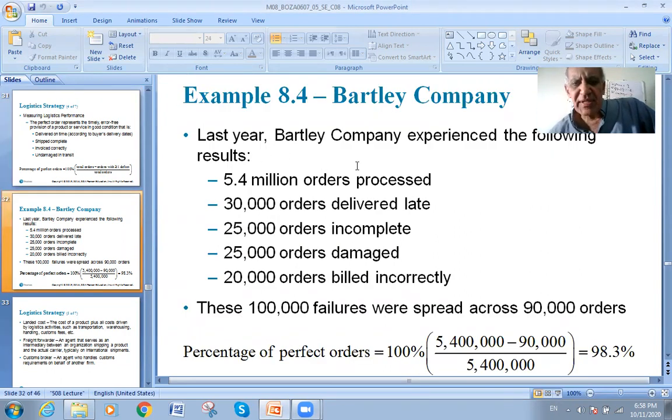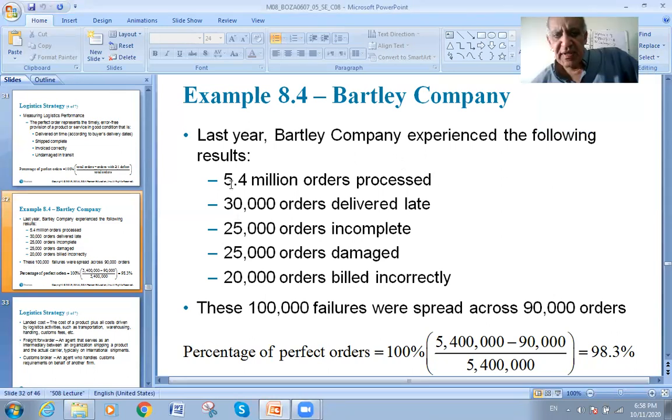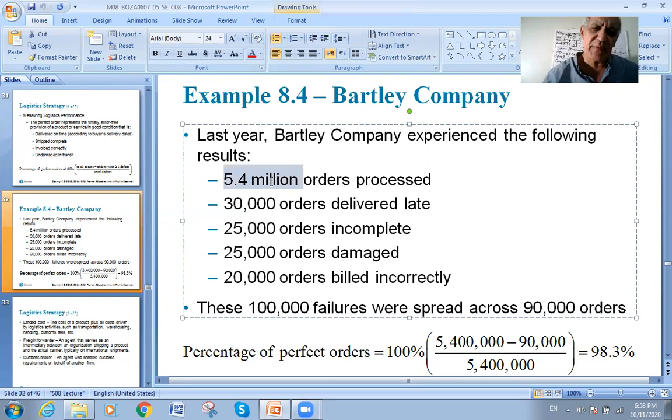Last year, Bartley Company experienced the following results: 5.4 million orders processed, 30,000 orders delivered late, 25,000 incomplete, and 25,000 damaged, 20,000 orders billed incorrectly.